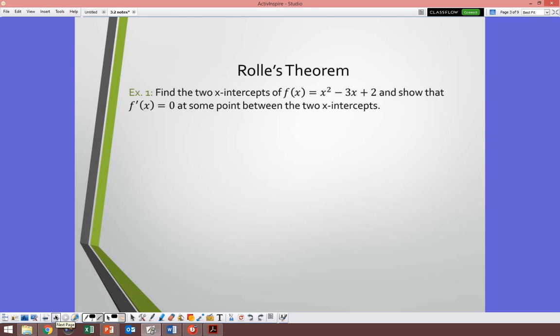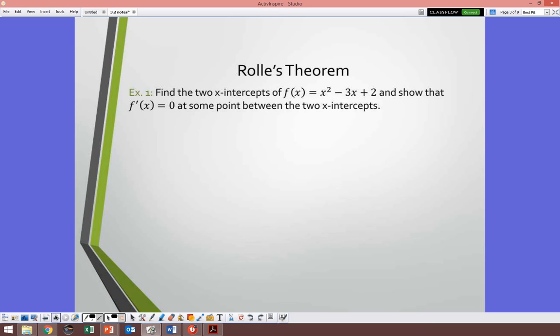So find the two intercepts and show that somewhere between the two intercepts the slope is equal to 0. First thing I'm going to do is set the function equal to 0. To do that, what do I have to do? Factor it.